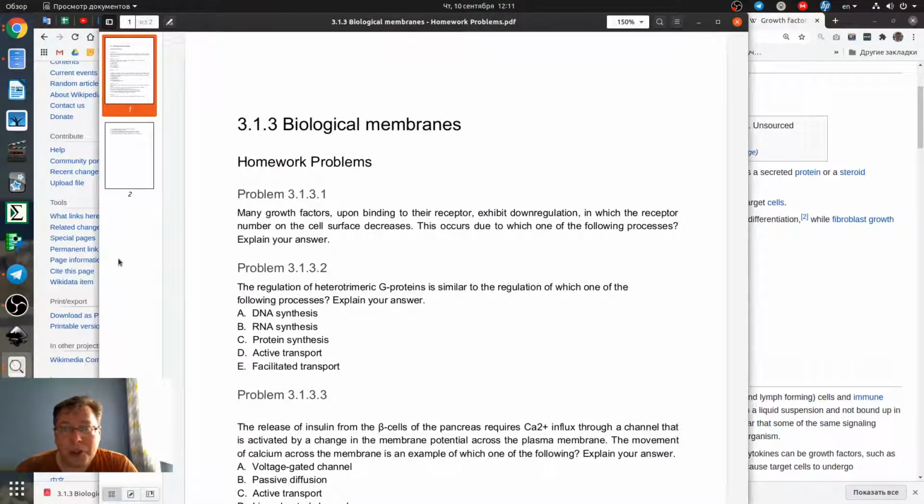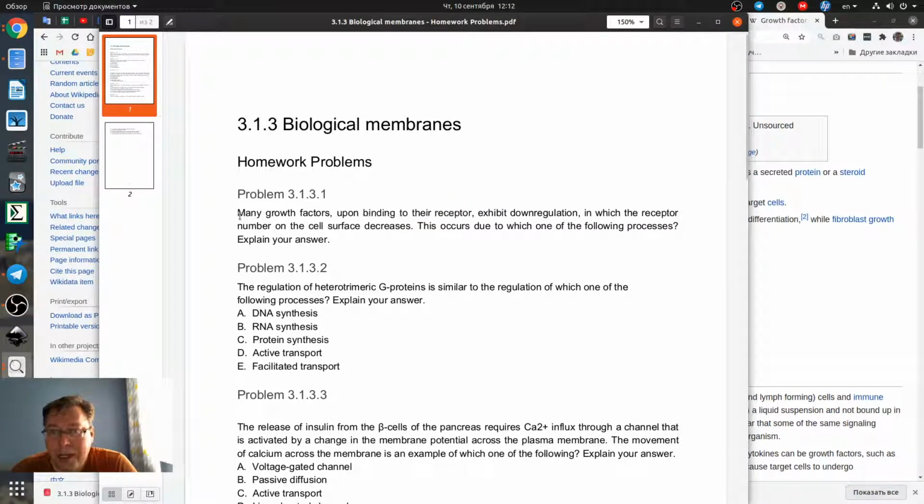Okay, the next question. They are binding to the receptors because, to activate some specific properties, these growth factors have to interact with surface molecules. We call them receptors, and after that, inside the cell, they activate some specific biochemical process.